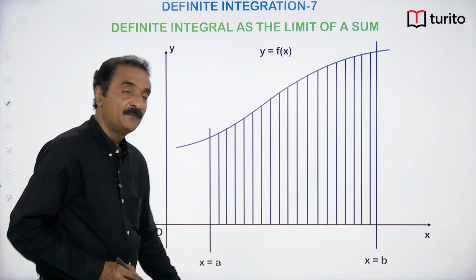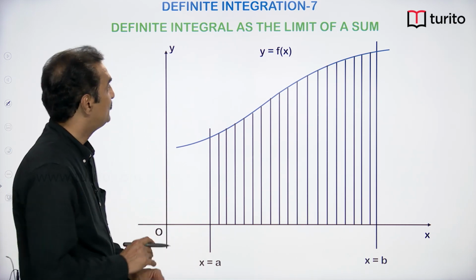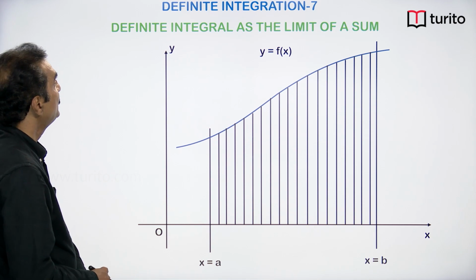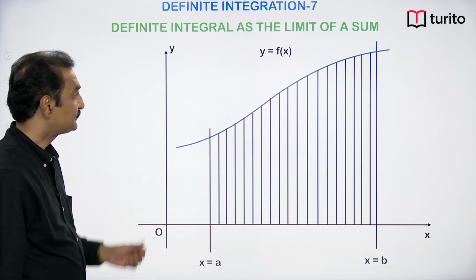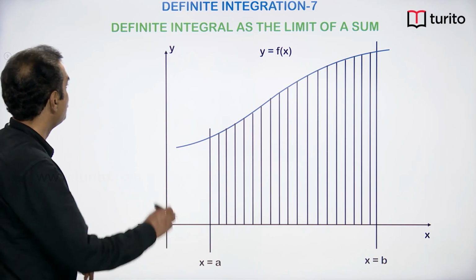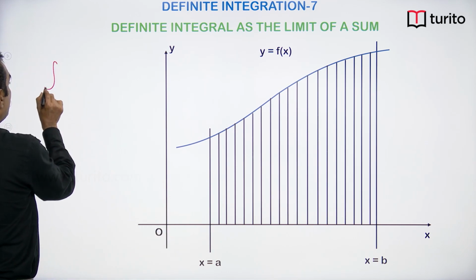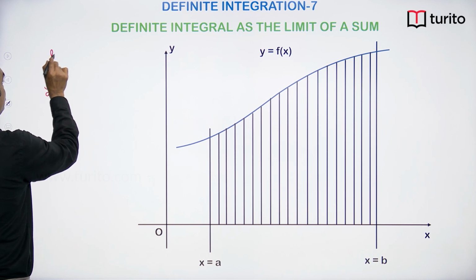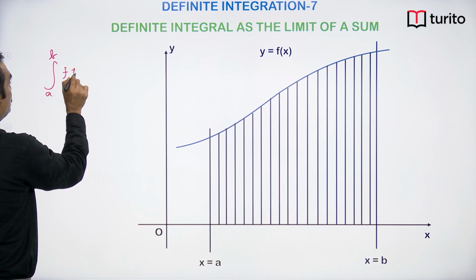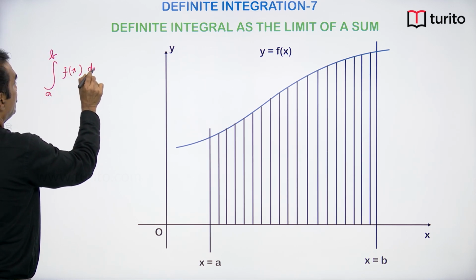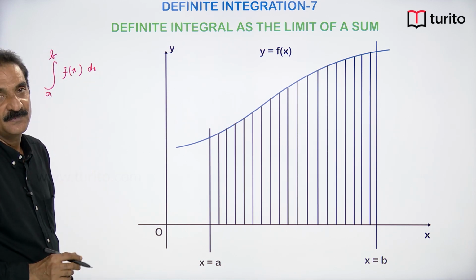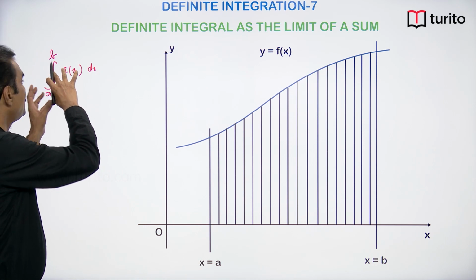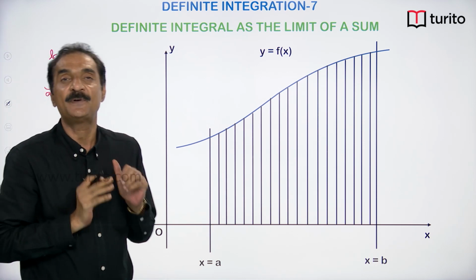Now we are going to discuss the subtopic definite integral as the limit of a sum. Let us consider the definite integral a to b f of x dx, and all of you know that it is nothing but summation of the values of the function.